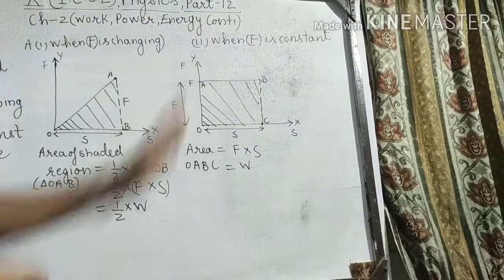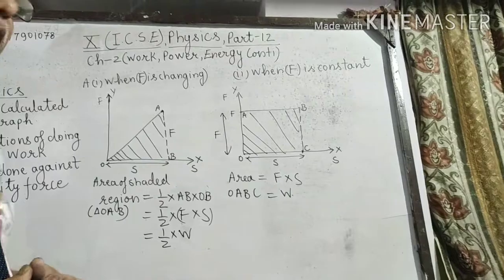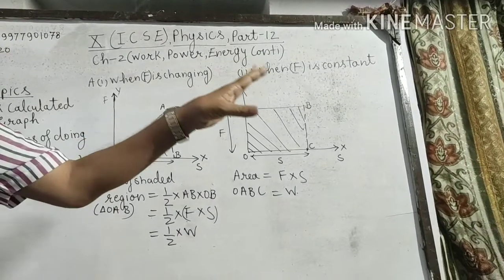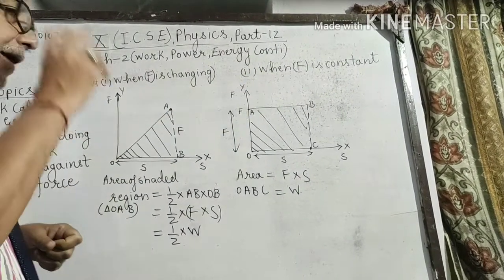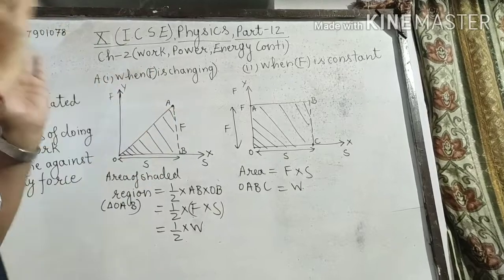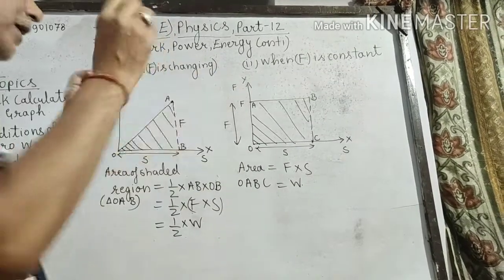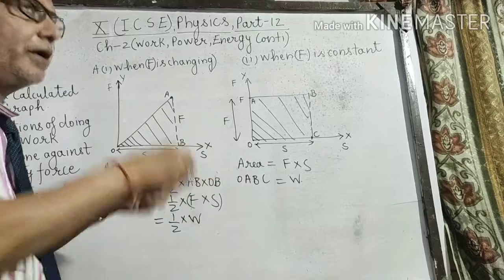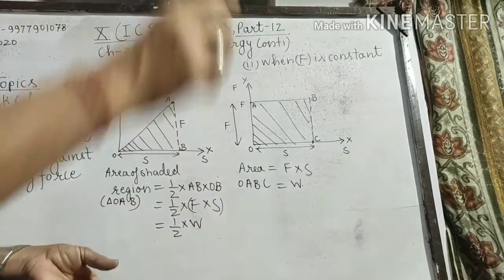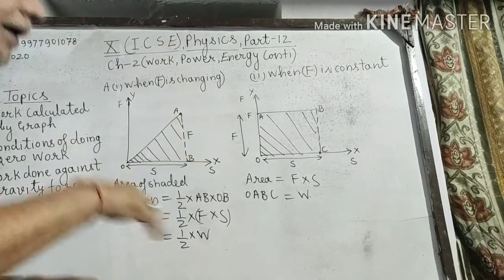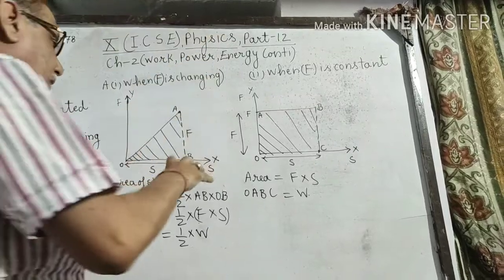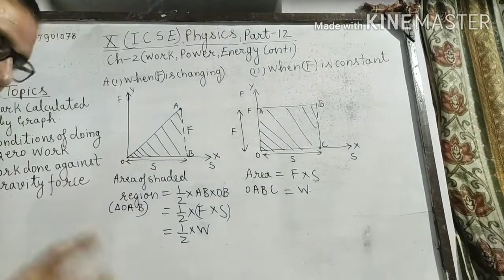So in both the cases, you have noticed that by taking two axes, one axis for displacement and another for force, you are able to calculate the area of the shaded region by plotting, and that area of the shaded region will give you the value of the work.